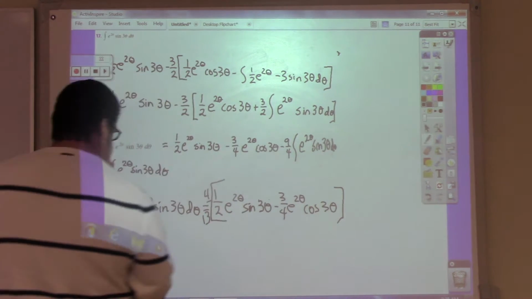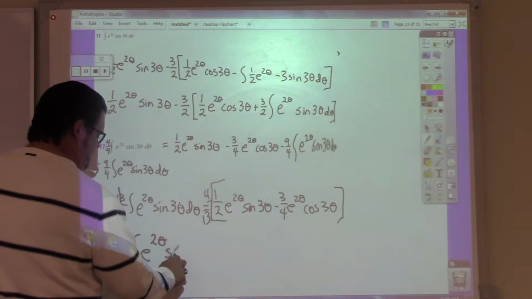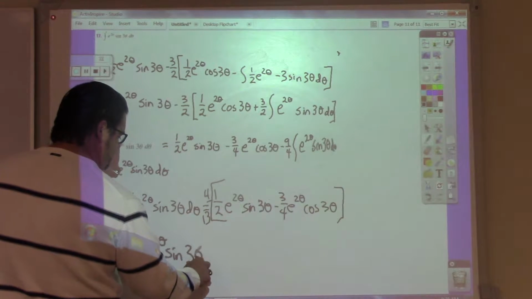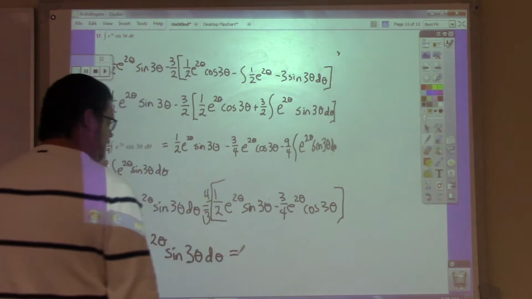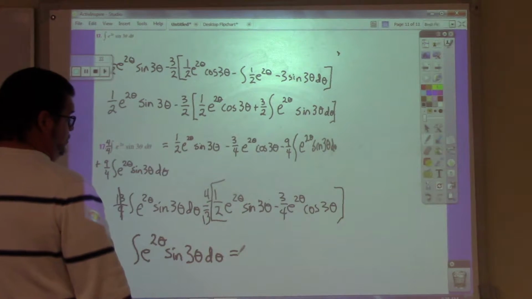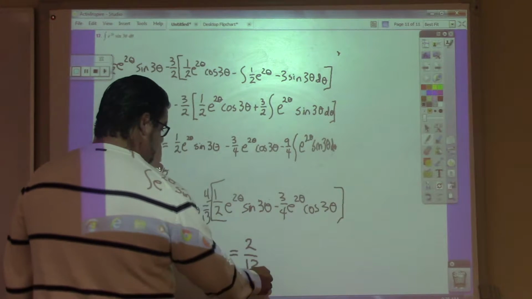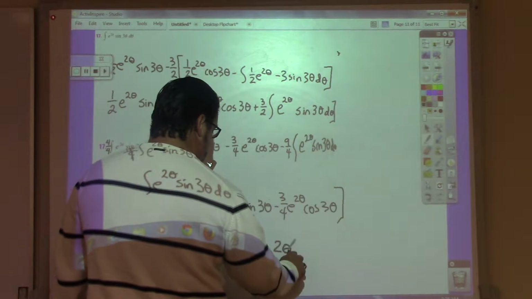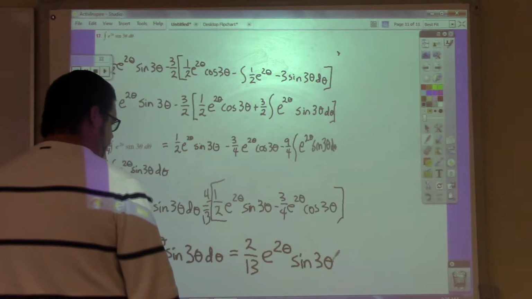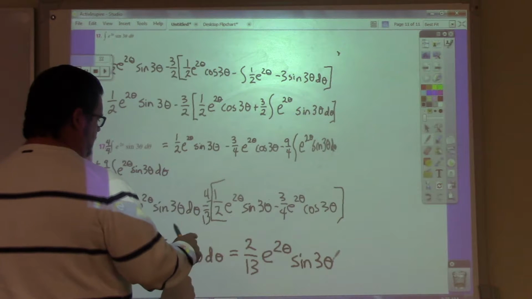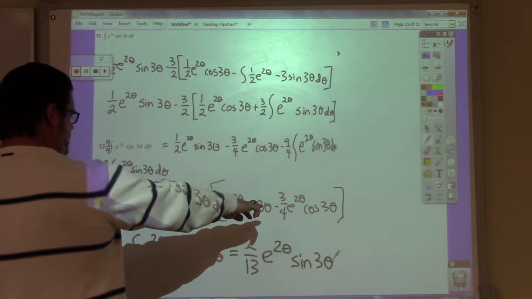So the antiderivative of e to the 2 theta sine of 3 theta d theta is equal to, I have no idea, 2/13. Help me out. Is it 2/13 e to the 2 theta sine of 3 theta? No, it should be 2/13, and then I'm going to distribute it there also.